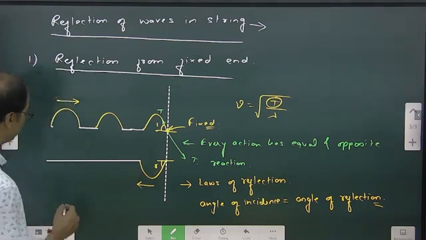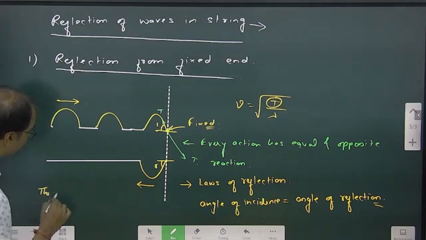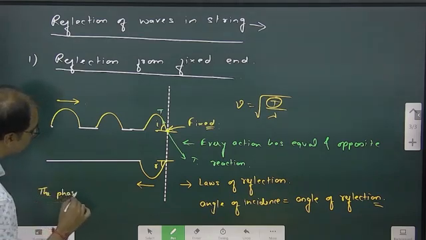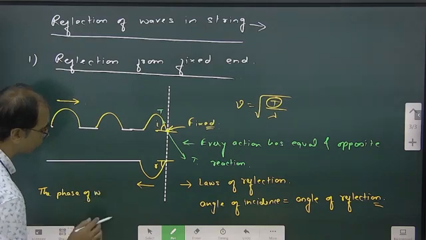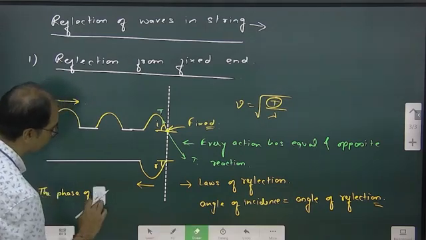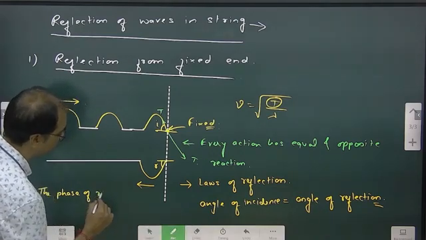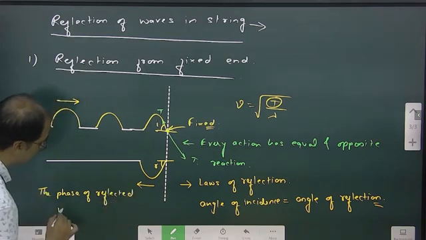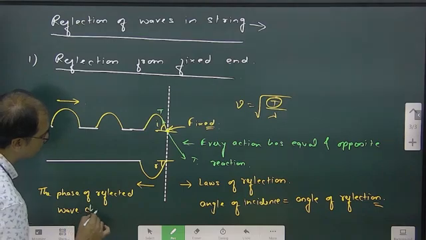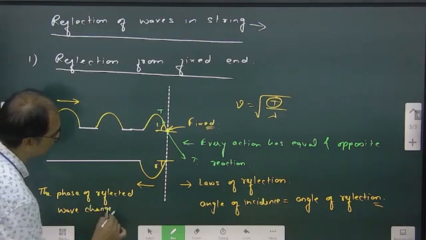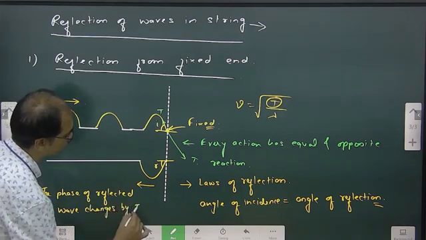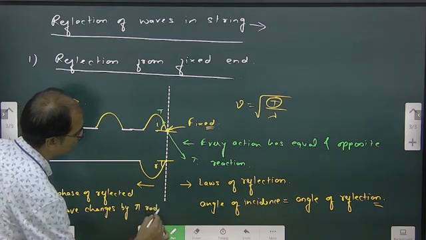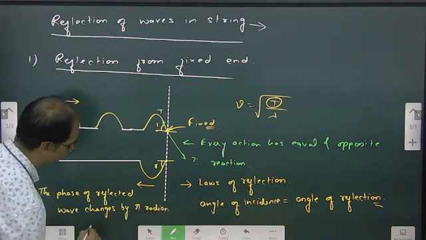Remember that. The phase of the reflected wave changes by pi radian or 180 degrees.